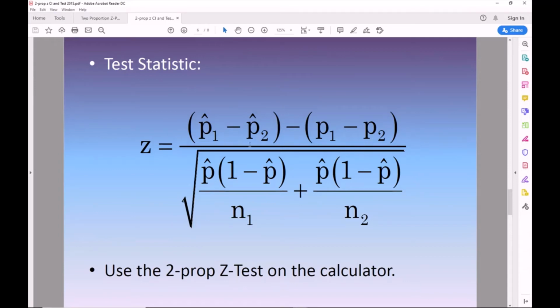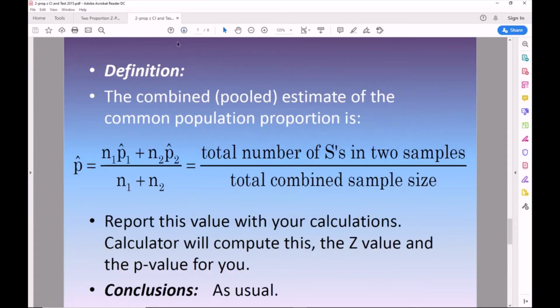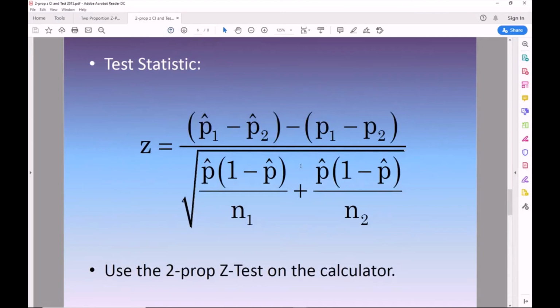So you've got P hat 1, P hat 2, P1, P2, N1, N2, but surprise, you have some P hat values in your standard error that don't have a subscript. That's because they are actually a blending of your two sample estimates, and that's called a pooled p hat, and it has its own formula. So you've got to get this formula right before you can even use this formula.